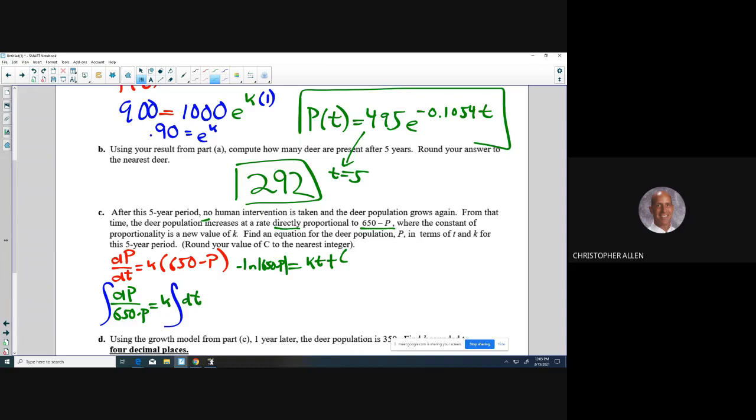Now I just need to solve this out, and so I'm going to get rid of the negative. So it's going to be negative kt plus C. And then I'm going to exponentiate both sides. We're exponentiating the left side, we're exponentiating the right side. And that's going to give me the absolute value of 650 minus P equals C e to the negative kt.